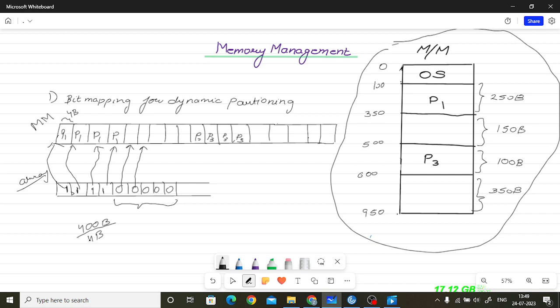There will be 100 allocation units, so we are going to have an array of size 100.